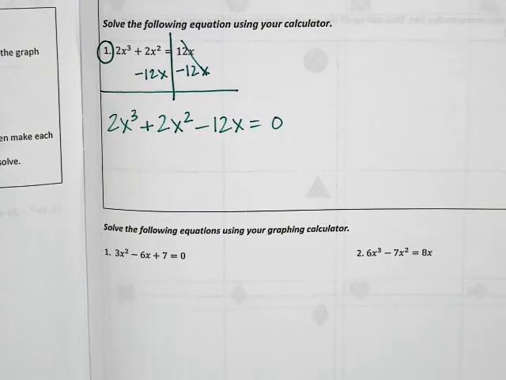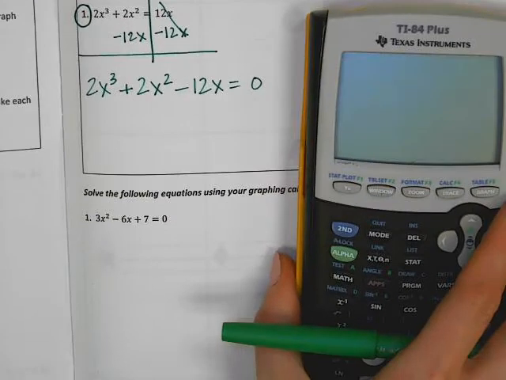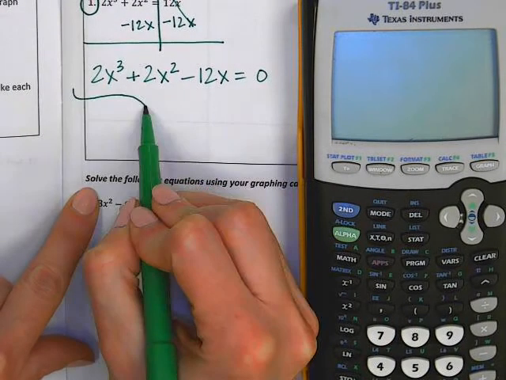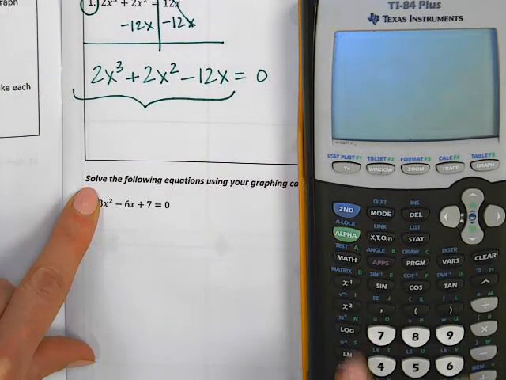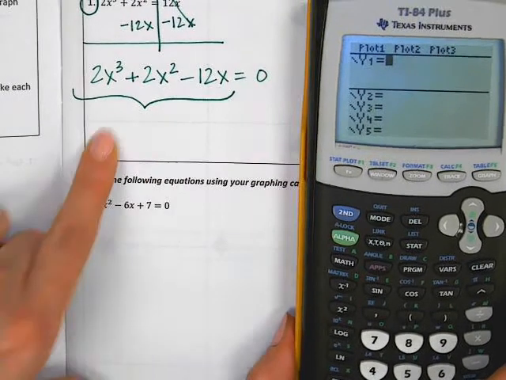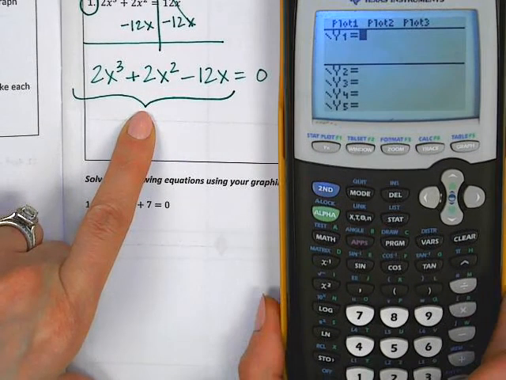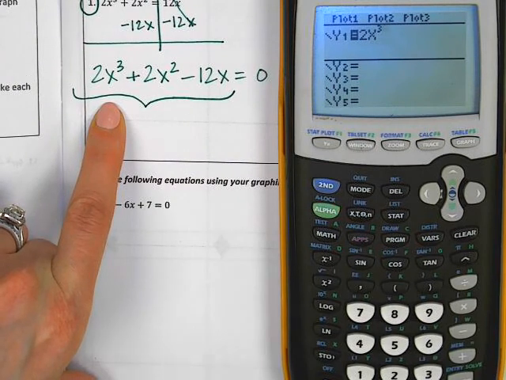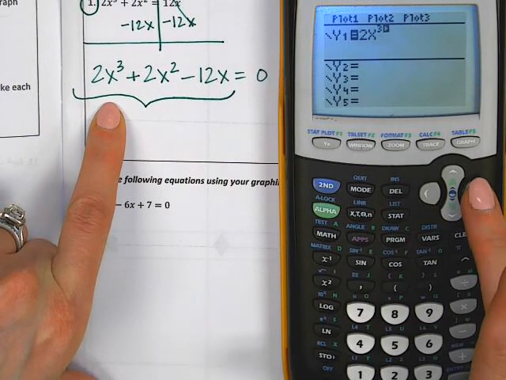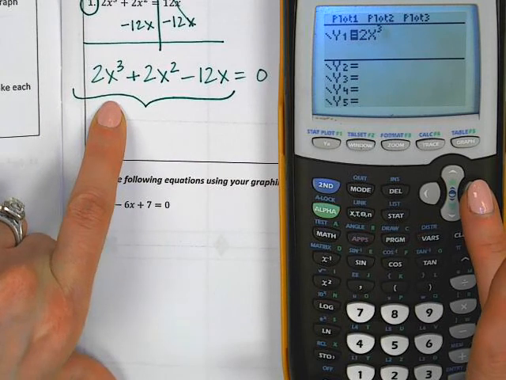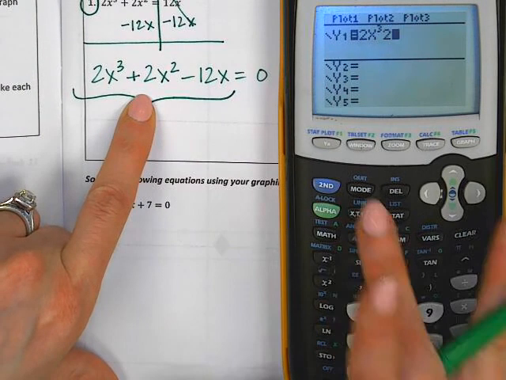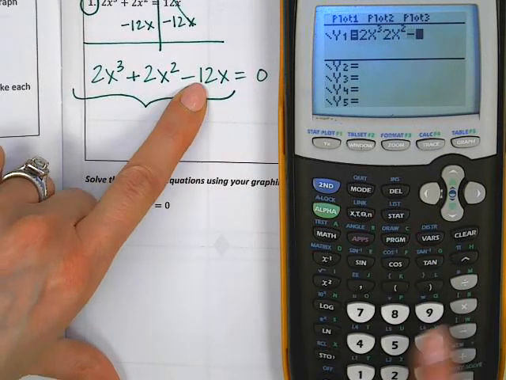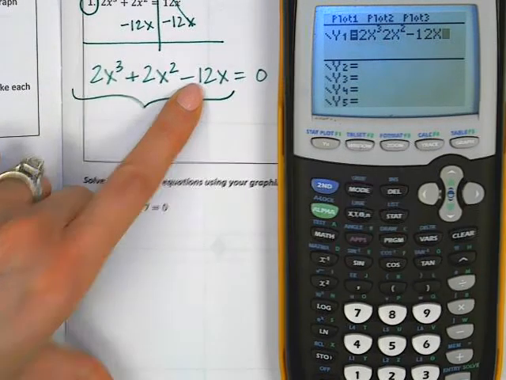All right, so take out your calculator. Now that we have it equal to 0, we're going to type this into y equals. So 2x caret 3, then hit the right arrow to get out of the exponent, then plus 2x squared, and then subtract 12x.